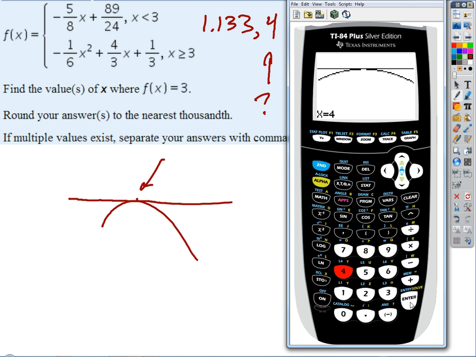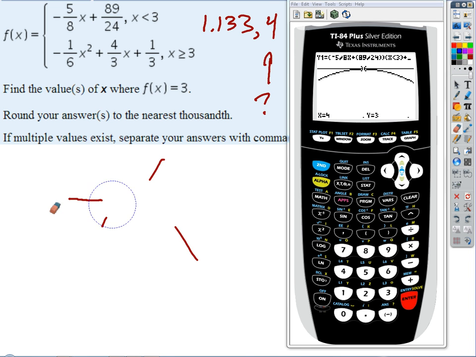If I plug in 4, enter, look, it gives me back a y value of 3. So when we used the calculator to figure that out, yeah, we do get a y value of 3 when x equals 4, and we don't even need the calculator for that matter.